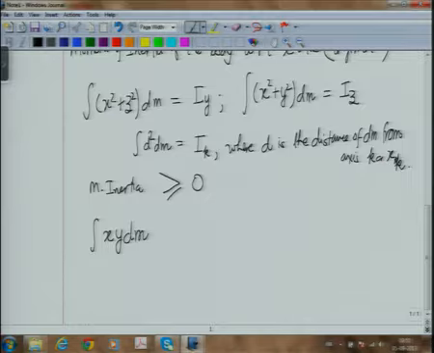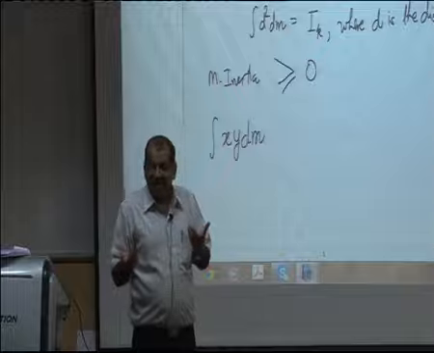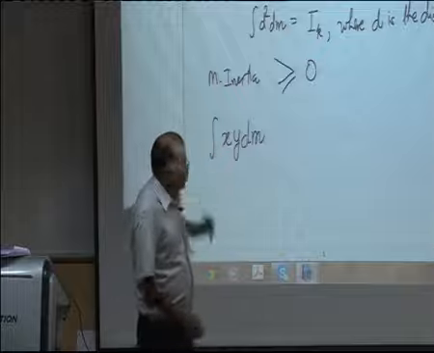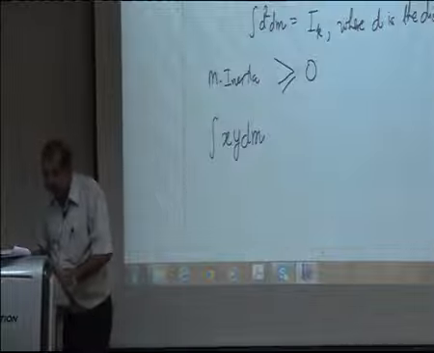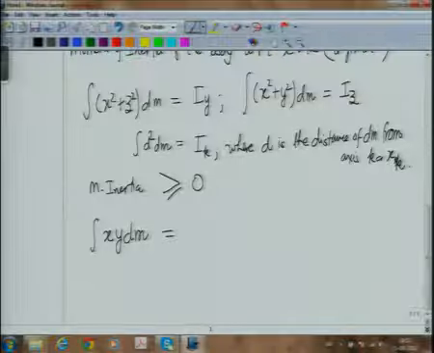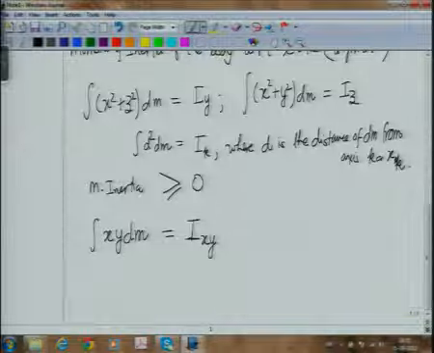Think of it just as a mathematical exercise as of now, because right now why such a thing will appear, where it will appear from, is not easy to see. This quantity, integral xy dm, is what we will refer to as Ixy.